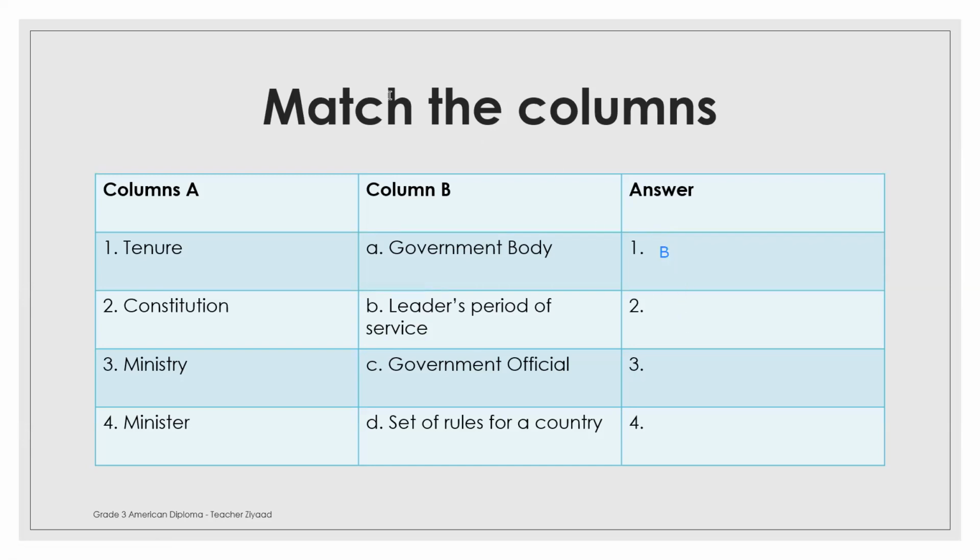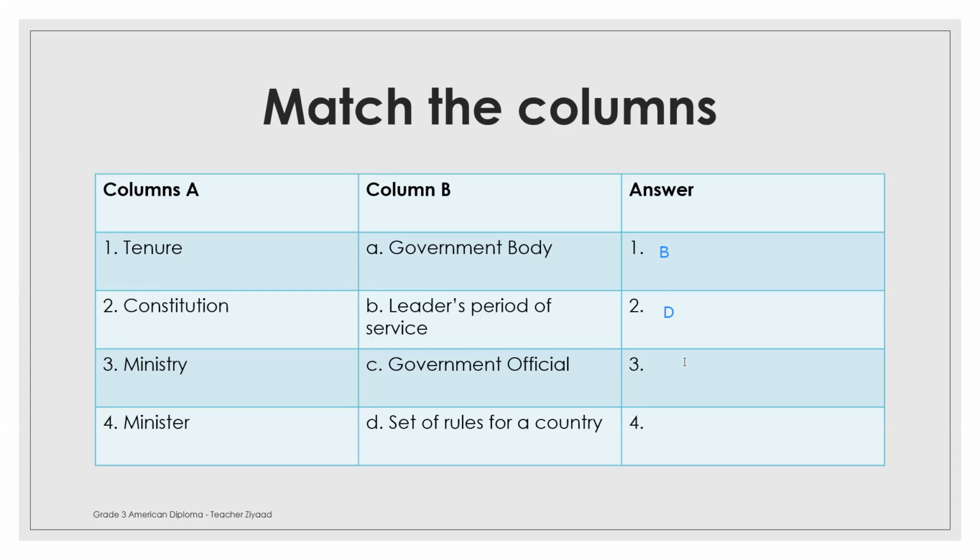Number 2, constitution, which is the easiest one. A constitution is basically the set of rules that people have to follow in the country, even the king, the president or the prime minister. So this would be D for number 2. The ministry, remember, is the department itself, and the minister is a person.